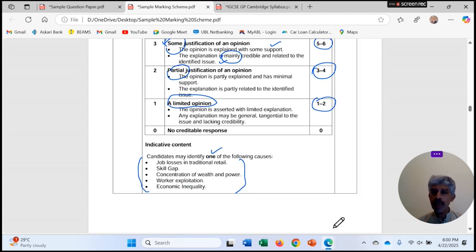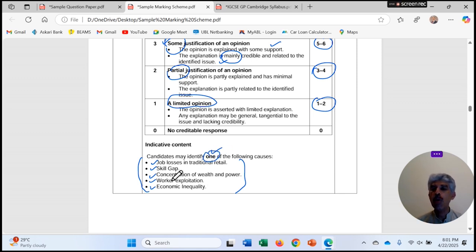Candidates may identify one of the following consequences: job losses in traditional retail, skill gap, concentration of wealth and power, workers' exploitation, and economic inequality. They can take one out of them, as it says which consequence is most significant and why.